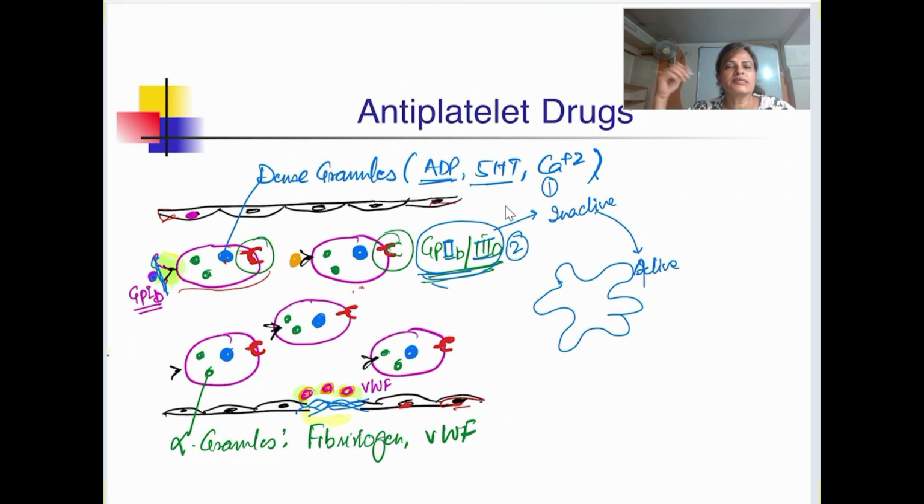Now it is ready to bind, and these receptors are the fibrinogen binding receptors. So many things are going to cause the release of ADP, 5-HT and calcium.